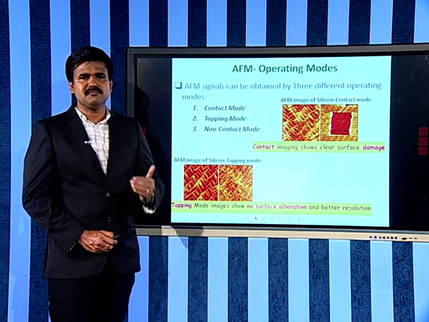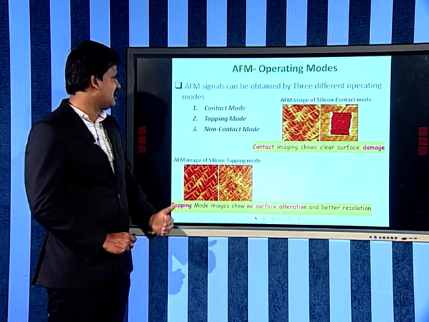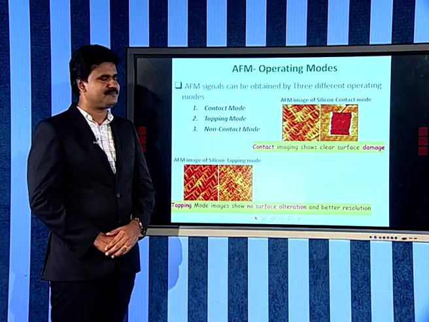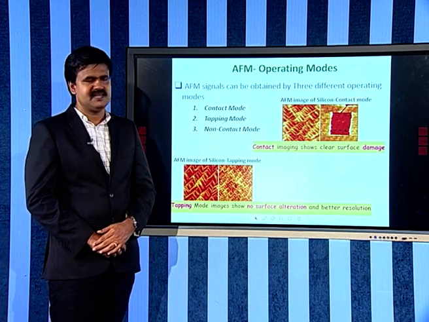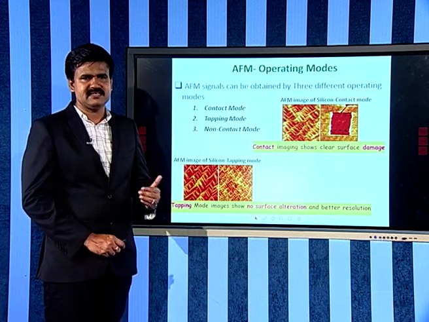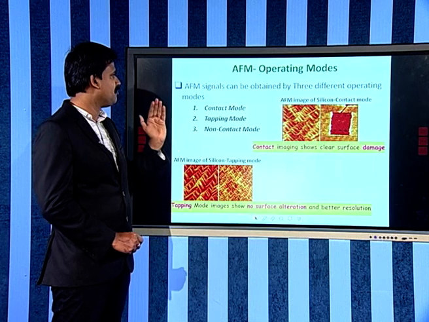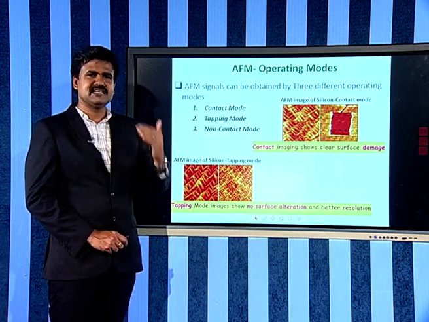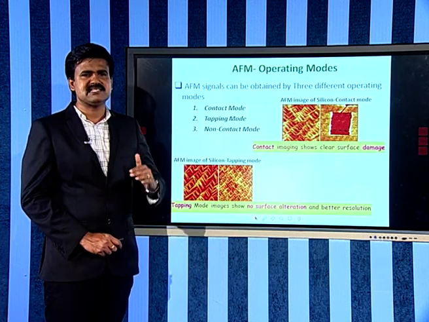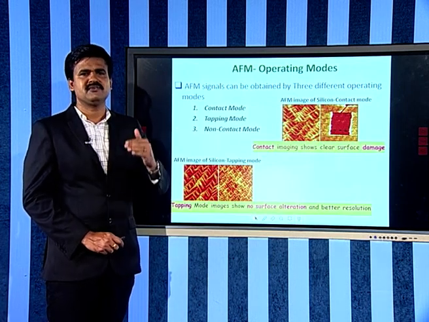The three important operating modes are the contact mode, the tapping mode, and the non-contact mode. The image obtained during each mode of operation is different. More discussion on this aspect is far beyond the scope of this discussion.